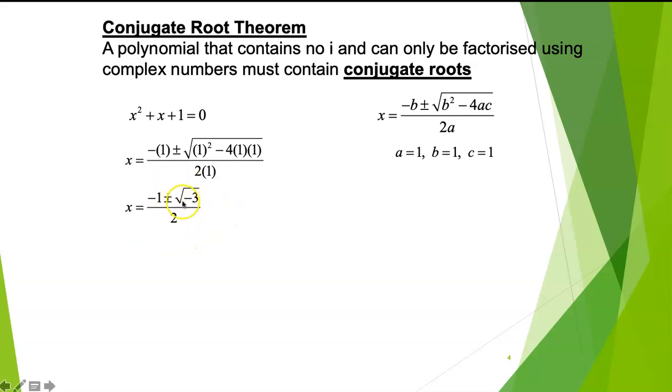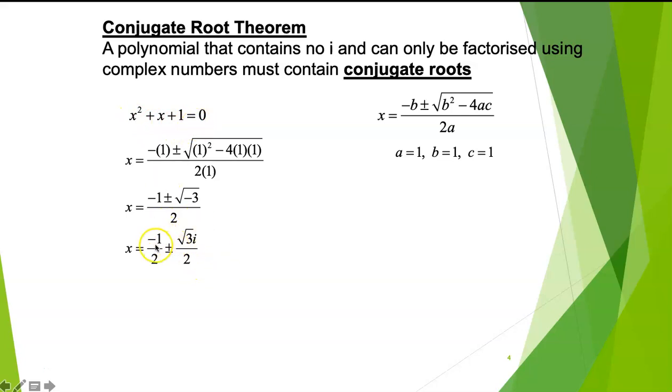So how to solve this? Instead of the square root of negative 3, we will write it as the square root of 3 times the square root of negative 1. That gives me square root of 3 times i, because remember i is the square root of negative 1. And that's now the solution for this equation.